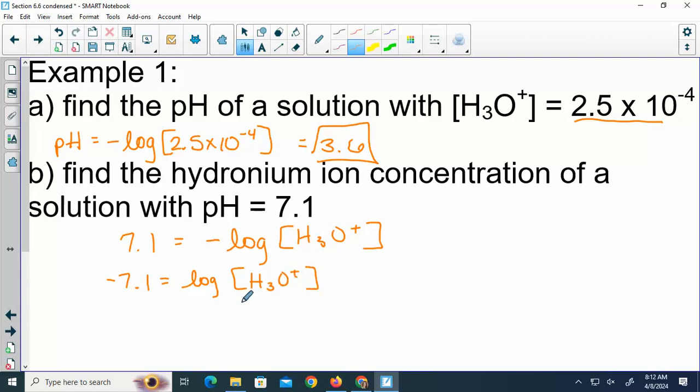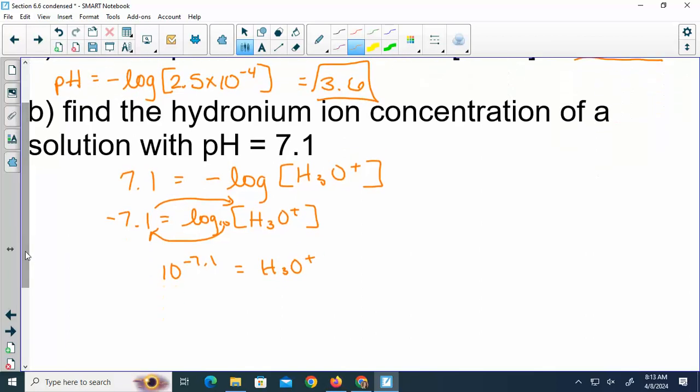Now, if you have a log on one side, what do we have to do? Yeah, so if the base isn't written, what is it? 10. So it's 10 to the negative 7.1 power equals this H3O+. If you put 10 to the negative 7.1 in your calculator, you get a long decimal. It's like 7.94328, blah, blah, blah.